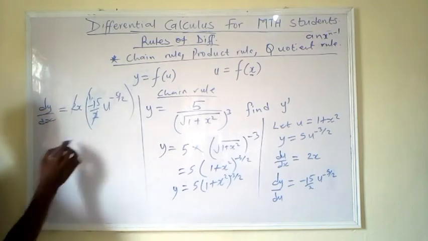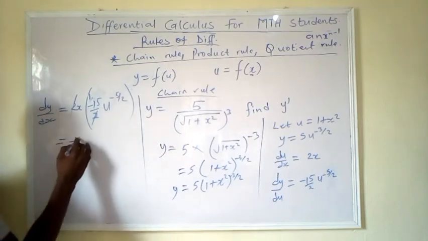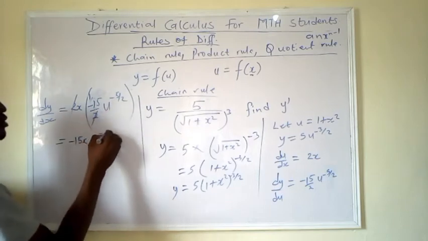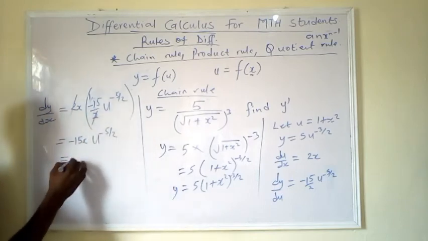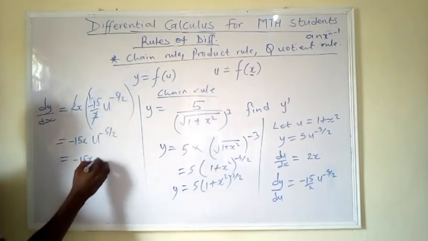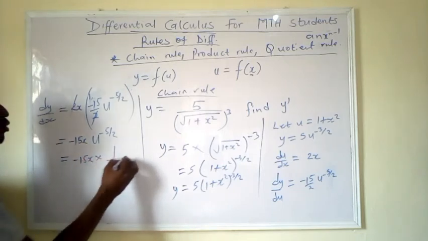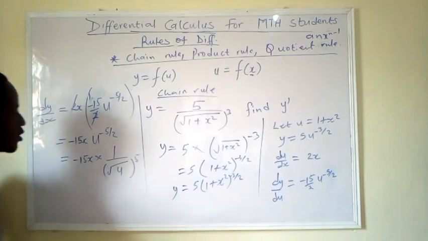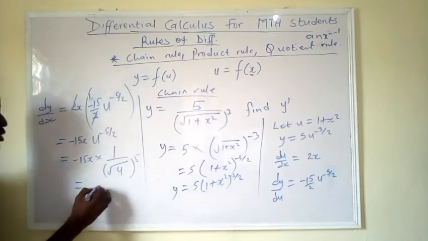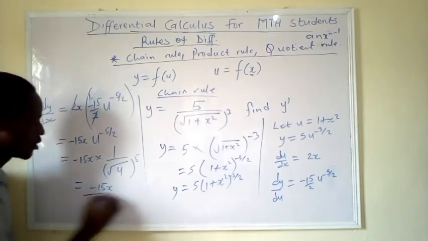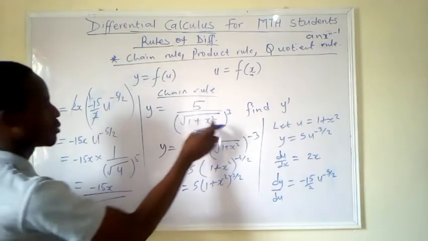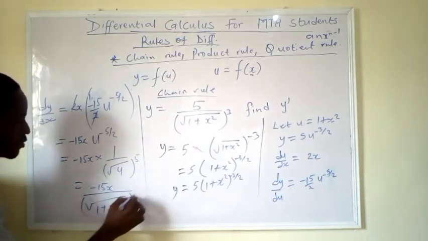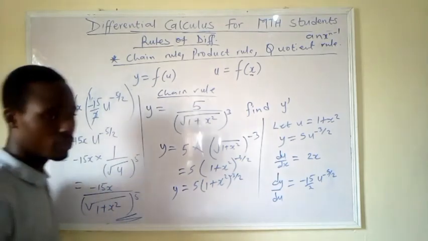So this goes with this, and I have minus 15x u raised to the power minus 5 over 2, and that will give us minus 15x times 1 over square root of u all raised to the power 5. And this gives us minus 15x all over, u now becomes 1 plus x squared, so 1 plus x squared all raised to the power 5. So that is the derivative of this function.